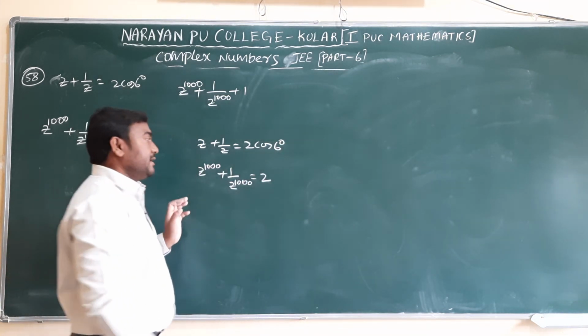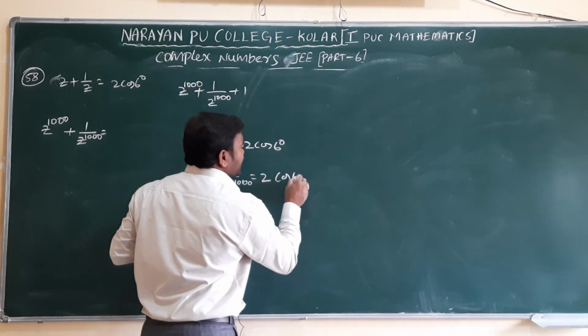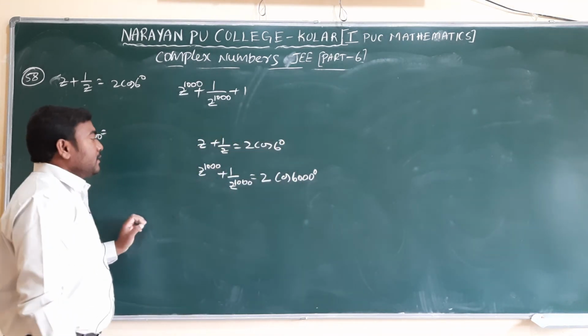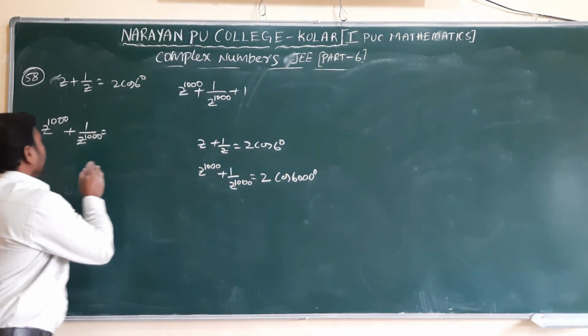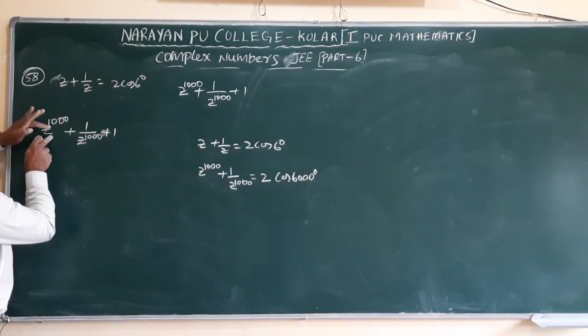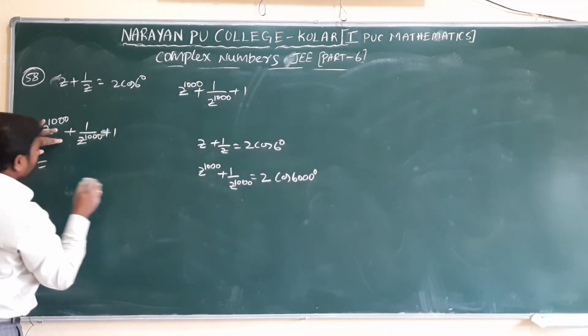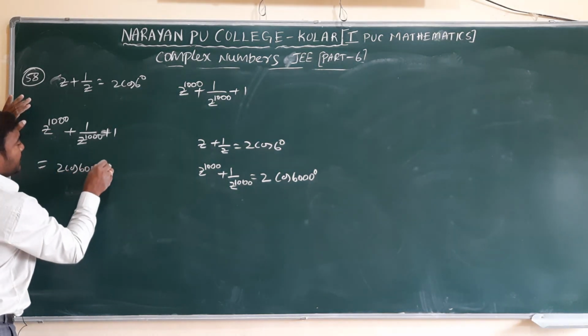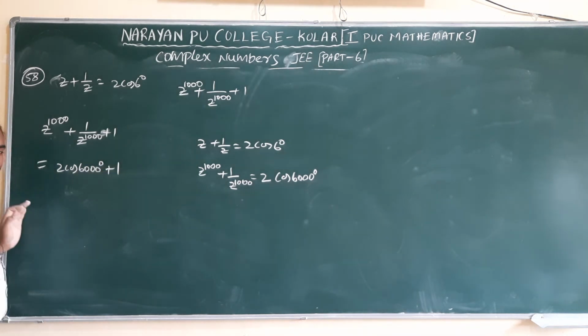By applying De Moivre's, we get directly cos 6000 degree. By applying this value, z power 1000 plus 1 by z power 1000 is 2 into cos 6000 degree plus 1.